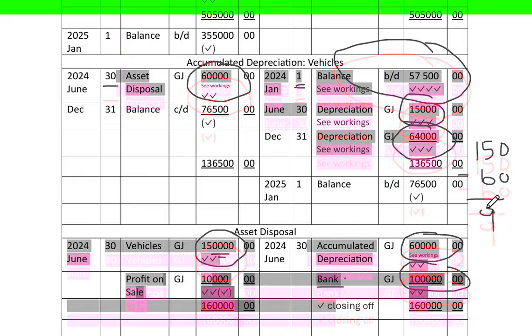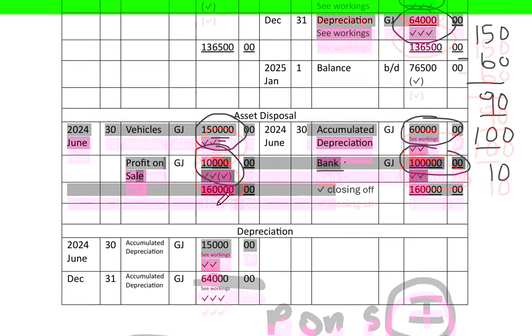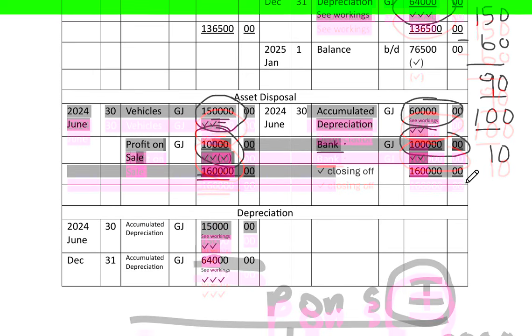Remember, this is your quick calculation. In our books it's worth 90,000. We sell it for 100, which means it was in our books 90, sell it for 100, which means we made a 10,000 Rand profit. And there's the 10,000 Rand. On the debit side, it's the balancing figure, makes these two sides total up to the same amount.